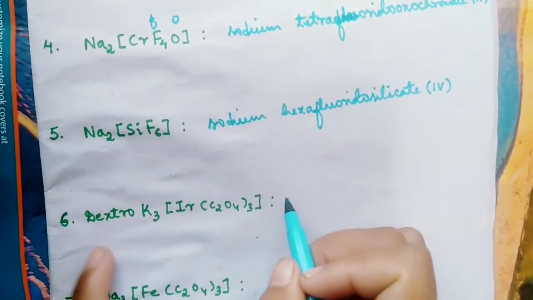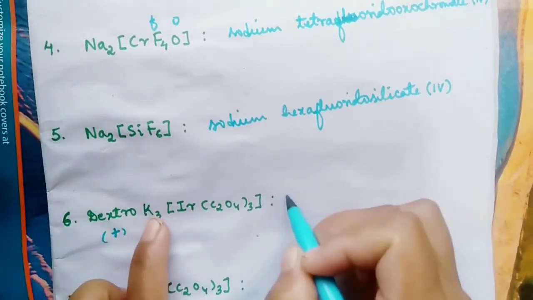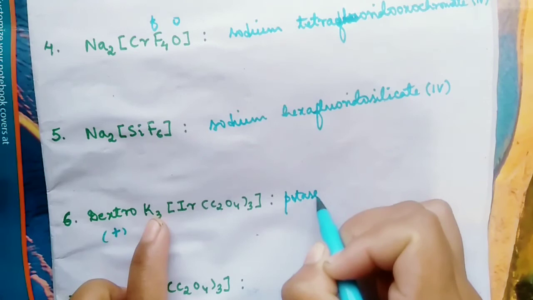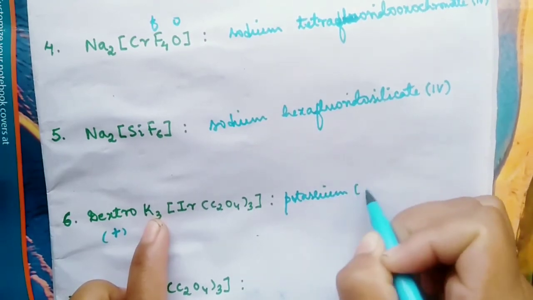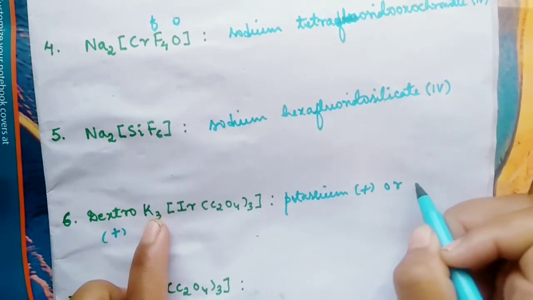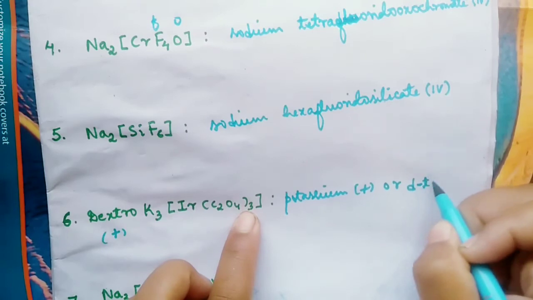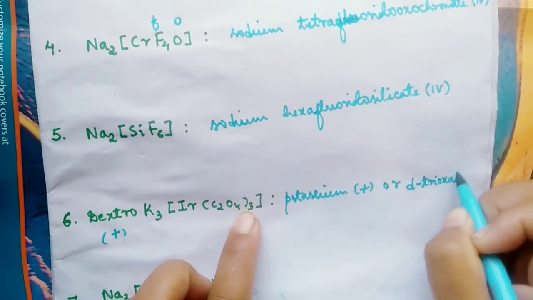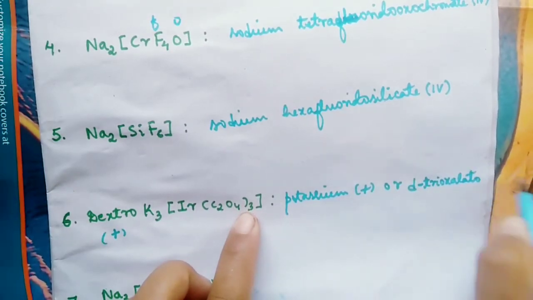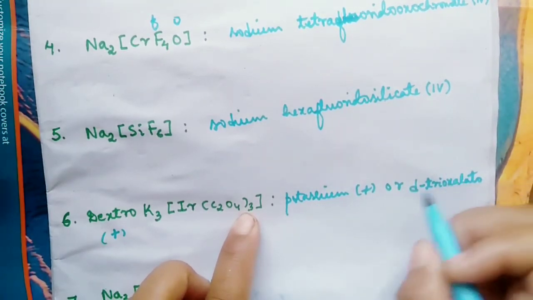What about this one? This dextro means positive, so it is potassium. You can write it as potassium positive, or instead of writing potassium positive, you can write as D hyphen and then trioxalato. It should be in one line only.